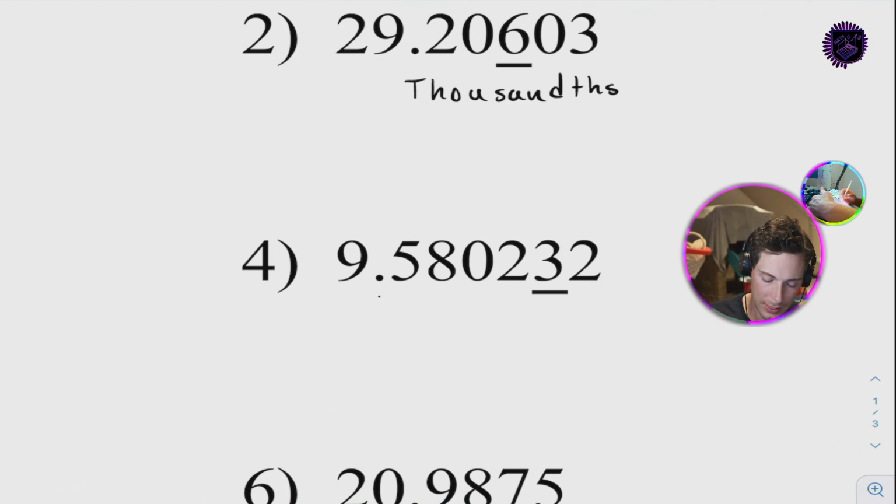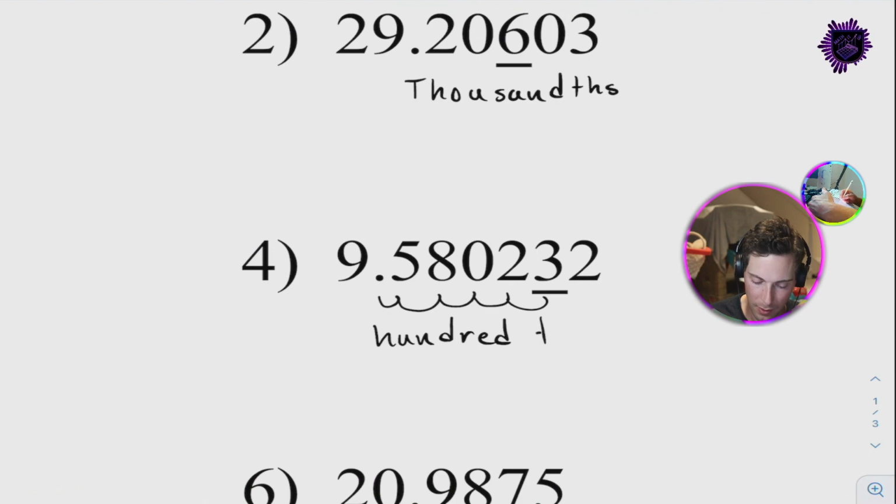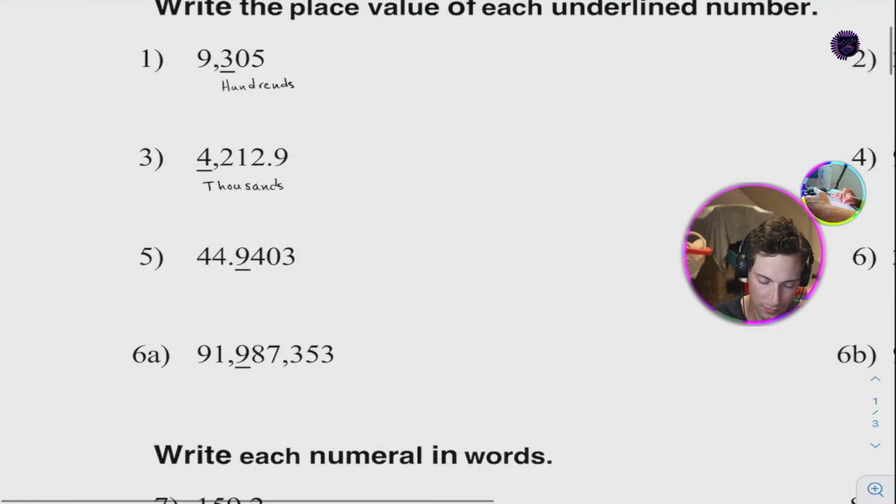We're going to go tens, tenths, hundredths, thousandths, 10,000ths, 100,000ths, hundred thousandths.